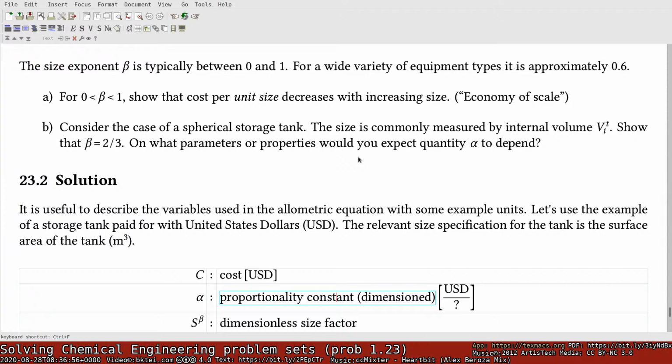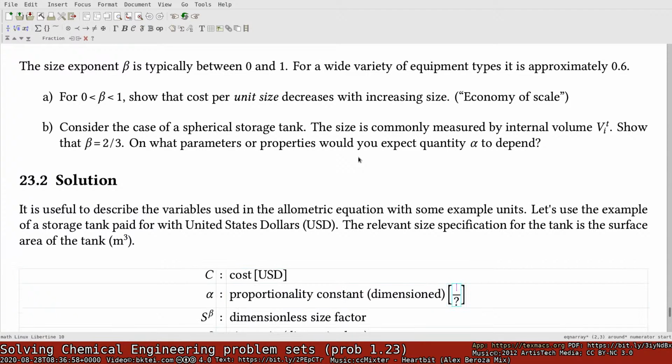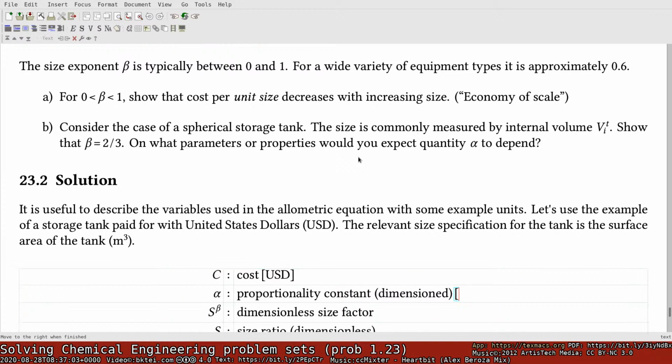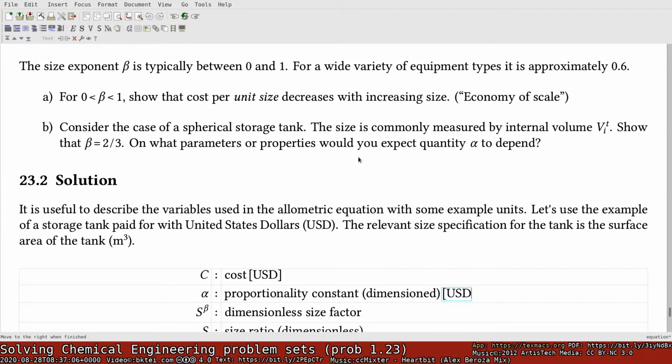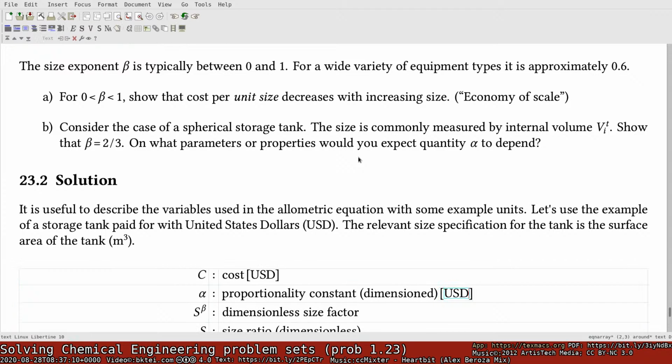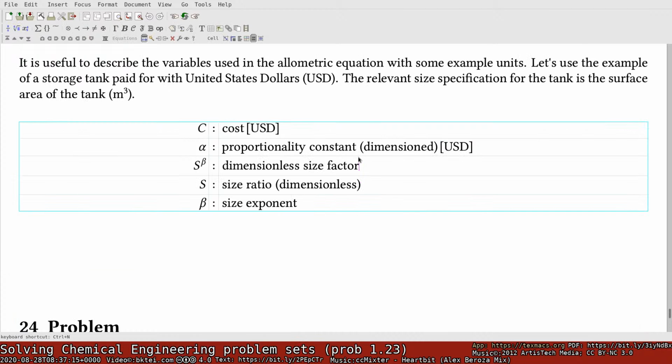In this example, alpha will, of course, have cost, yeah, that'll also just be USD. Dimensionless factor. What kind of units will that have? Dimensionless factor, I'm guessing, no units. So let's just explicitly say that. No units. Size ratio, also no units.